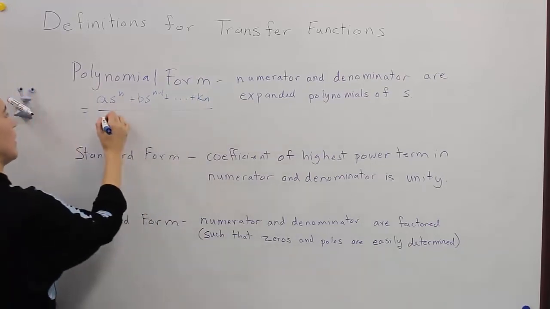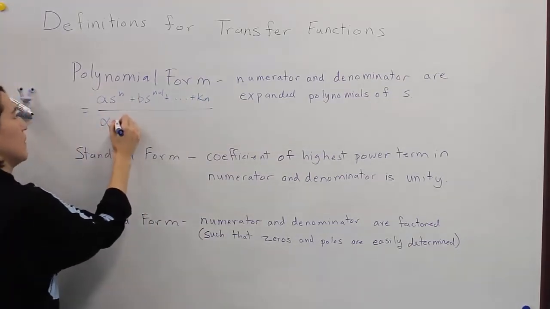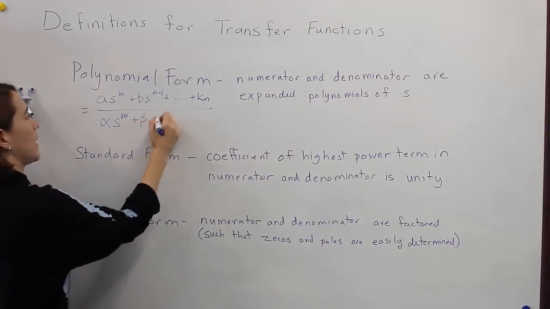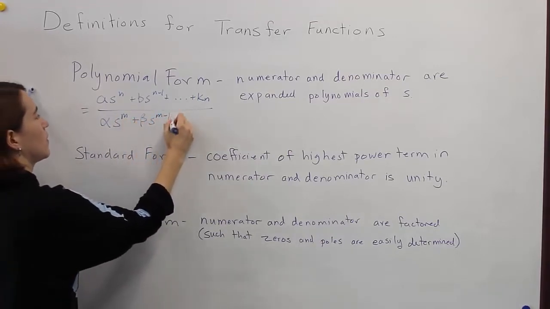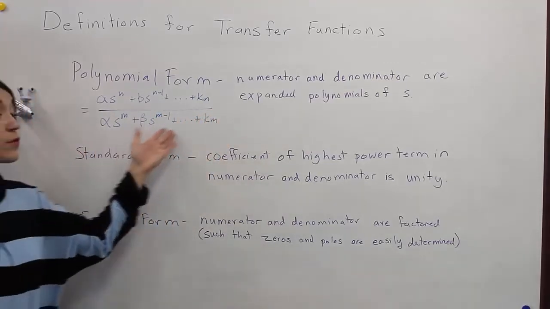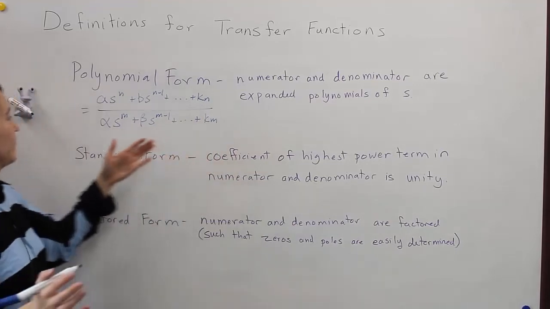And in the denominator, we would have the same form, s to the m plus beta s to the m minus 1 until our constant term. Okay, so that would be the general form for polynomial form.